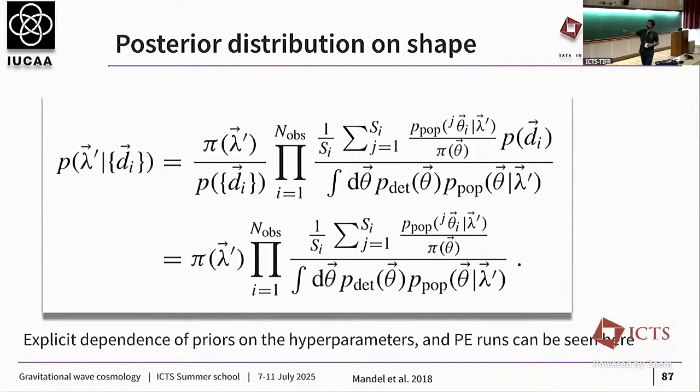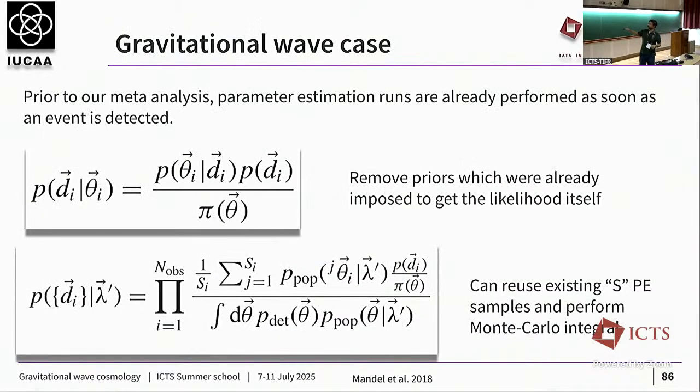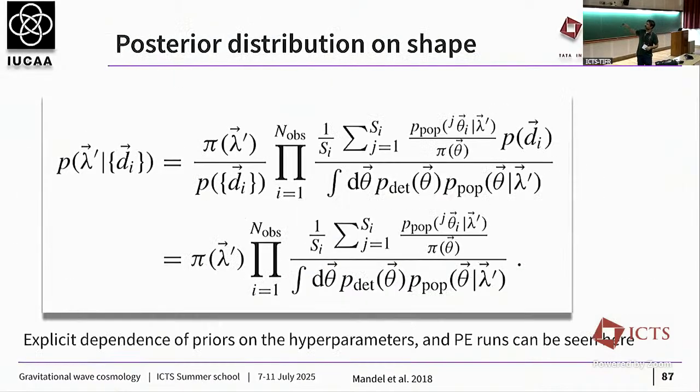And so once you have that, you go back to your Bayes theorem, because what you want is not d_i given lambda, but lambda given d_i. And so that will be the prior, the evidence here, and this likelihood that we had written before. So this is just taking this and putting it here.